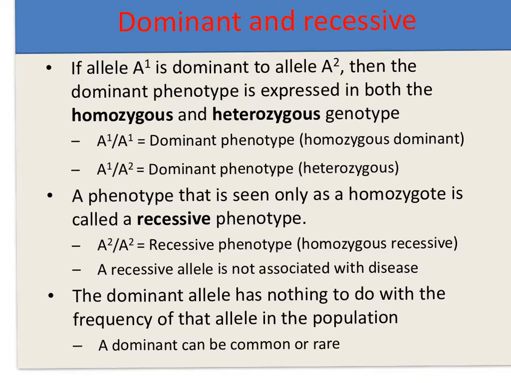Now, I mentioned HbS. That's the recessive. Those individuals have sickle cell anemia. But having a recessive allele is not associated with disease. Okay? You might think that everything recessive is a disease.